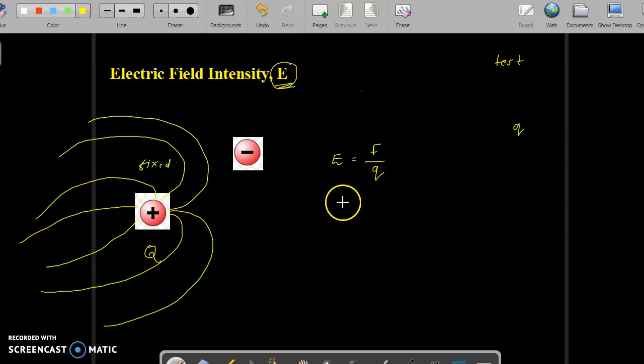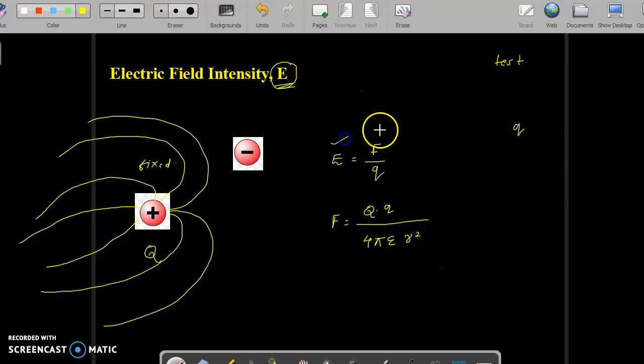We know that according to Coulomb's law, the force exerted by the two charges on each other is directly proportional to the charges and inversely proportional to the square of the distance between them. So F becomes Q times Q upon 4 pi epsilon r square.